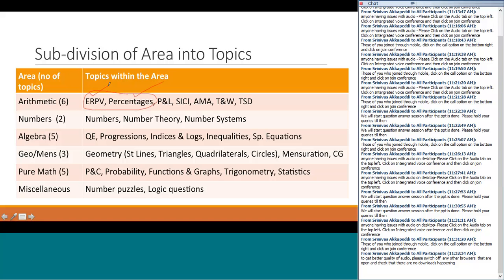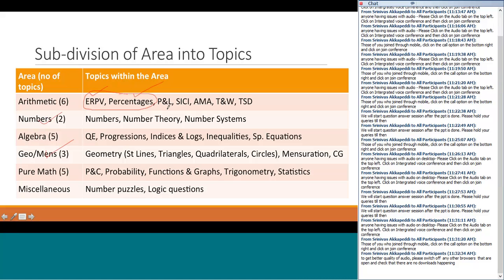If you ask me, the maximum concepts are there in numbers and geometry and mensuration. In all other areas, every topic has 2 or 3 concepts. To give you an idea, profit and loss has only 2 concepts: profit and loss as such as an area, or the concept of successive discounts or successive increase in percentages.